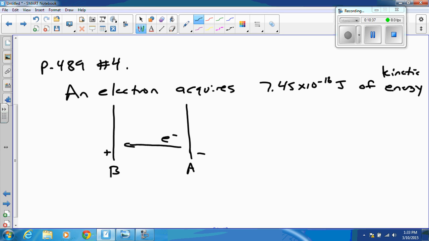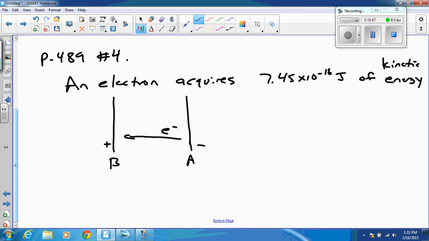It's being attracted to a positive charge, so it must be that plate B is positive. We know that the electron has a negative charge. Very good. Okay, so B is positive and A is negative. And what we know is that the electron is gaining kinetic energy as it goes from A to B. It gains 7.45 times 10 to the minus 16 joules.